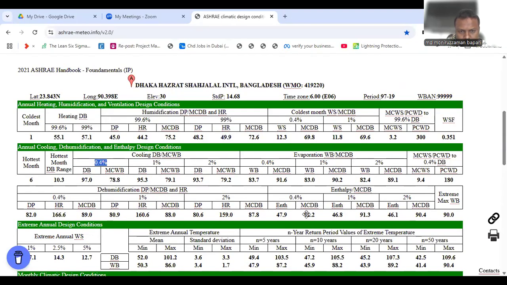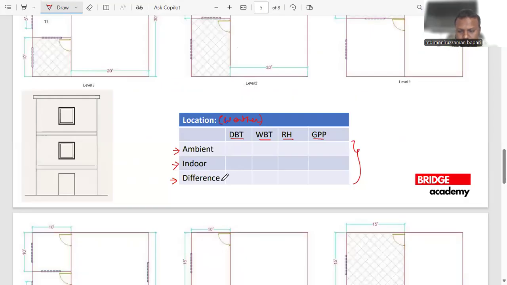Let's go back to our lecture note. What we have is, for ambient, dry bulb temperature 97, wet bulb temperature 78.8.